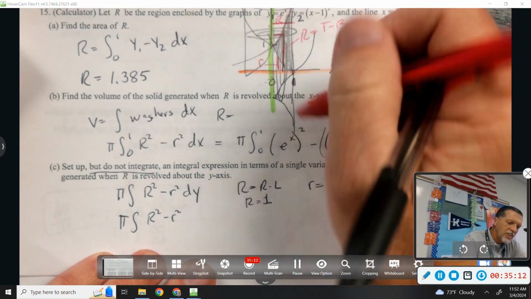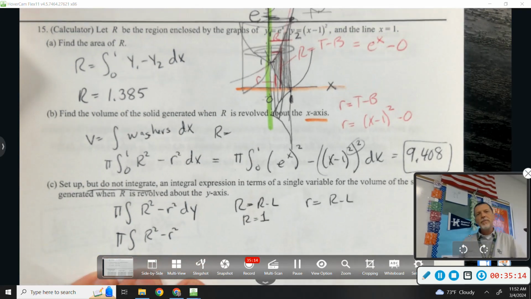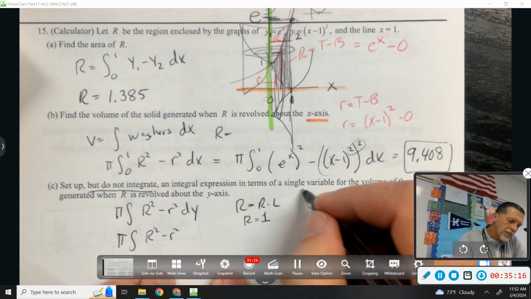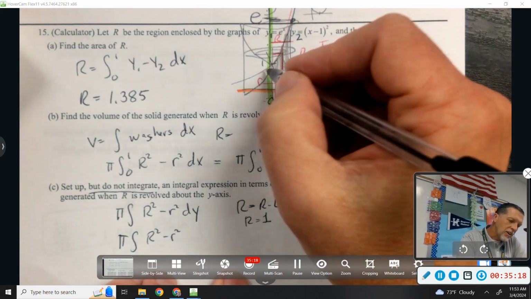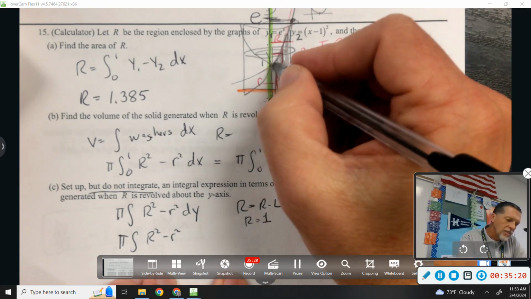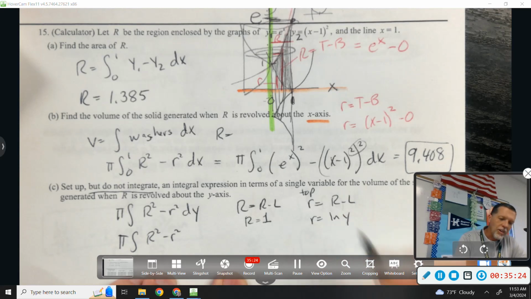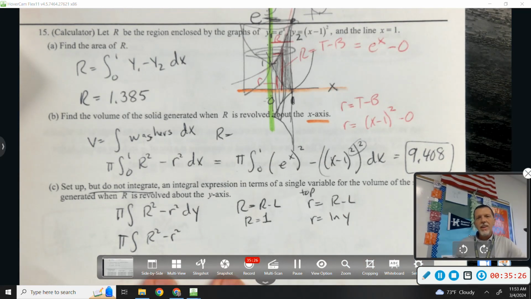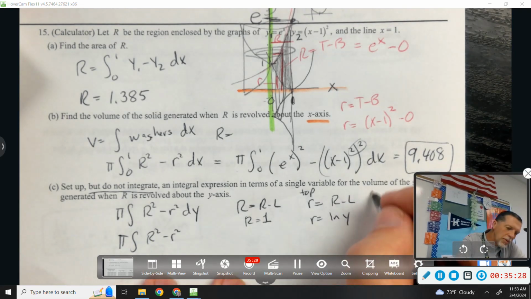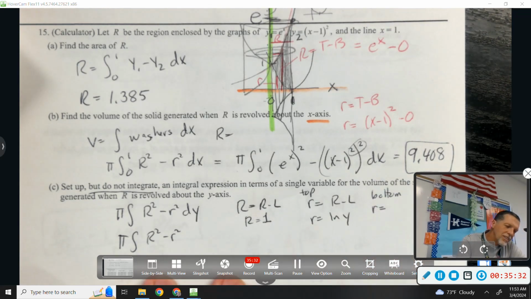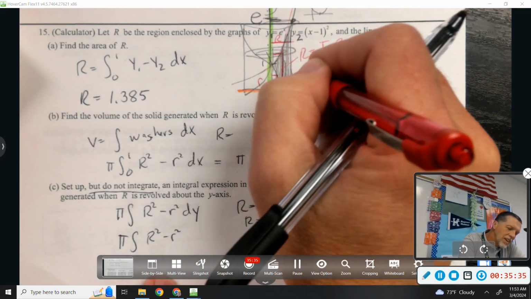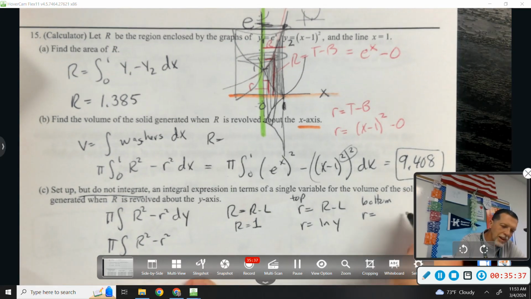Little r changes, because up top, on the top part, little r is e to the x, but I'm not allowed to use e to the x, so that would be natural log of y. On the bottom part, little r is x minus 1 squared, but again, I'm not allowed to use that.